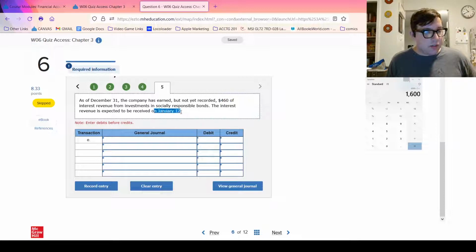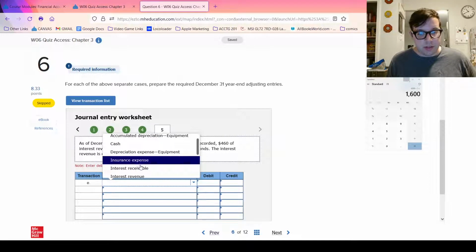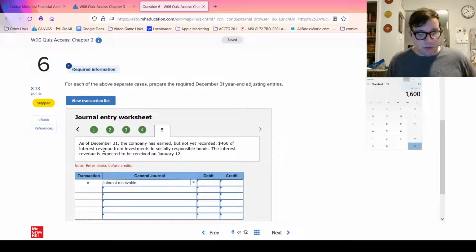It's not expected until January 12th, but this transaction and entry is going to represent what has been earned. And so the accounts that we're adjusting here are interest receivable for $460. This is the interest that's been earned. It says it right here. Interest receivable from interest revenue.